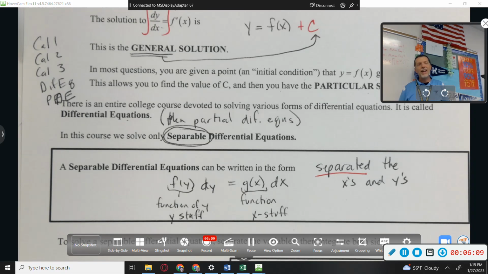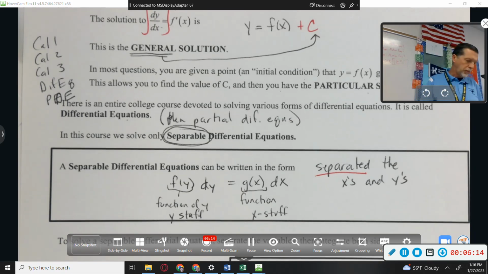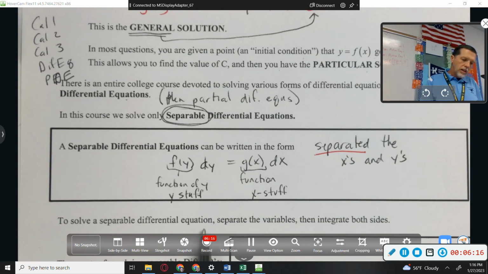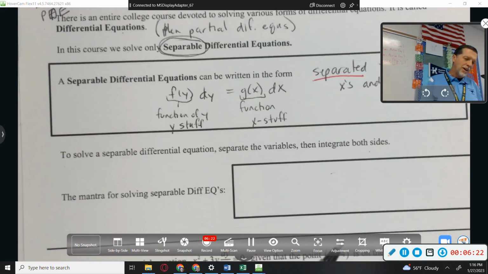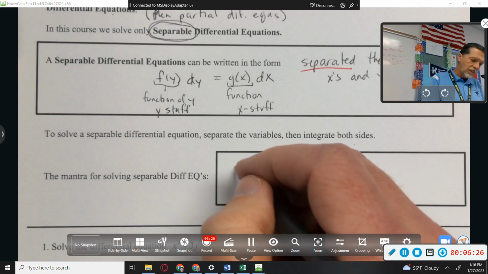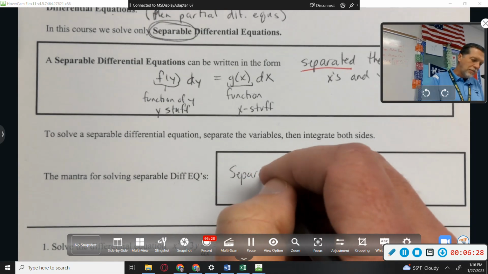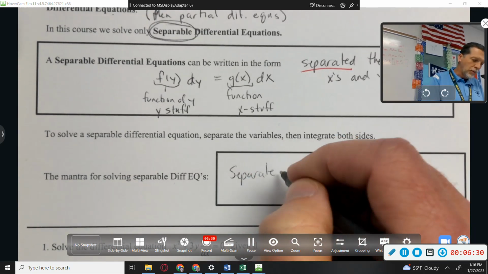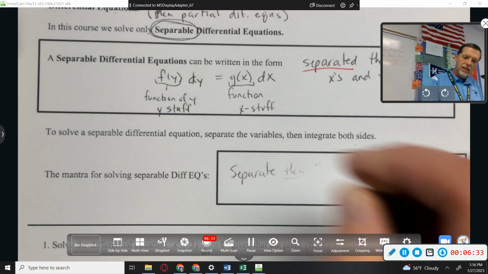Get all the y stuff on one side, all the x stuff on the other side. Once everything is separated, then you can integrate both sides. The mantra for solving separable DifEqs, differential equations, and maybe this sounds silly, but it's rather important: separate, then integrate.